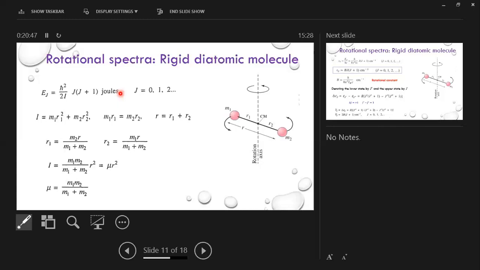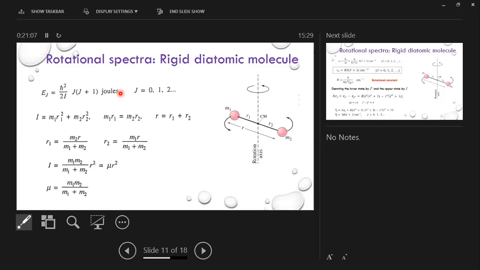So what is the rotational energy of a molecule in classical mechanics? This is half I omega square. Again, I into omega is L, the angular momentum, so that is L square by 2I. Here we use the angular momentum as J, so that will be J square by 2I.